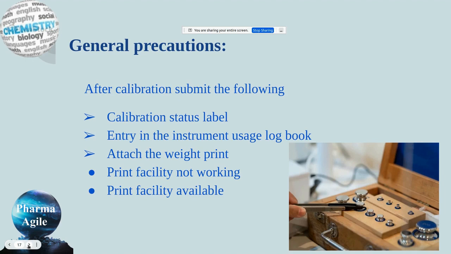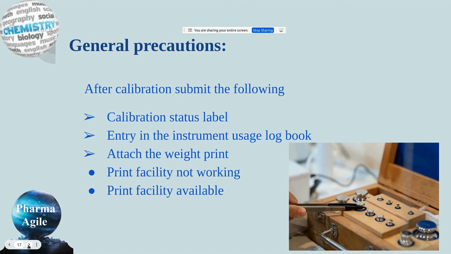If the weight print facility of the balance is not working, then inform the service engineer for rectification of this problem. Till rectification of this problem, check the weight during weighing and have it signed by the section head. If print facility is available, attach the printout with the template.